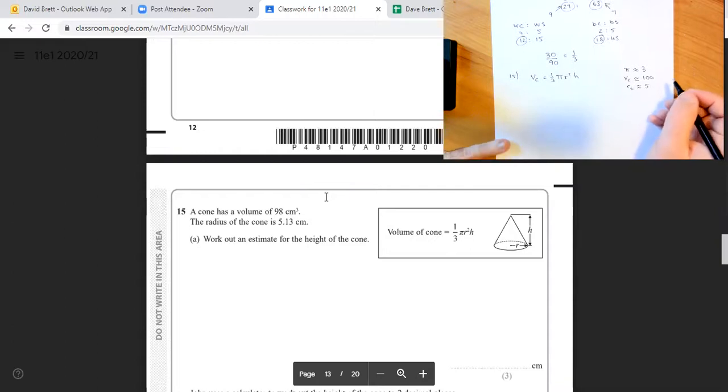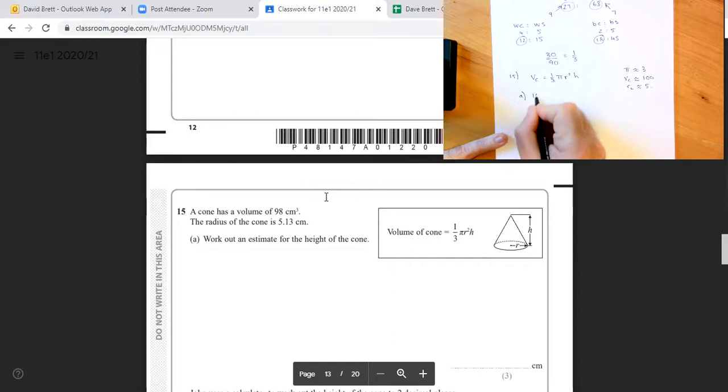So part A, 100 is approximately 1/3 times 3 times 5 squared times the height. So 100 is approximately 1/3 times 3 is 1, times 25 times the height. So the height is approximately 4.